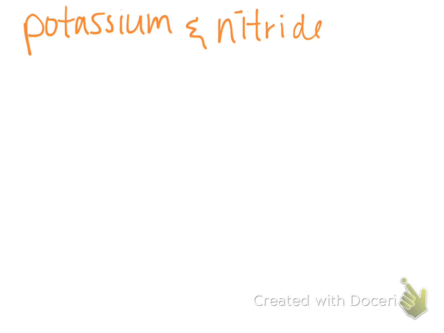We're not just using neutral nitrogen, we're using nitride. All right, so potassium is what? Potassium is K plus 1. And what is nitride? N negative 3. So does this give us a balanced formula if we just squish these together?